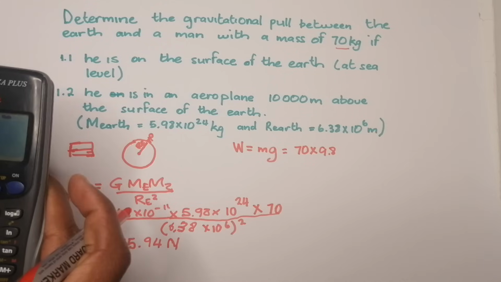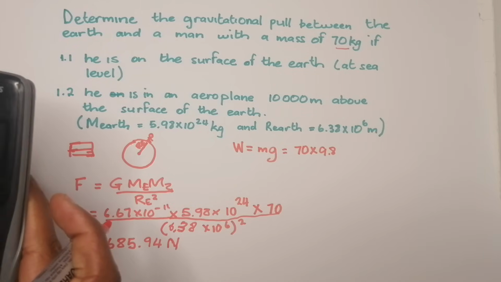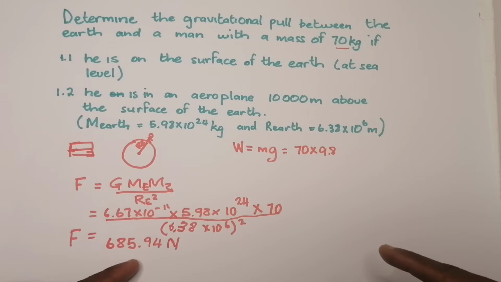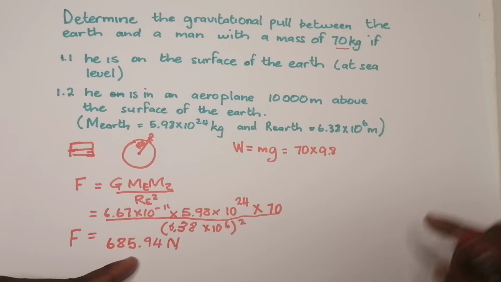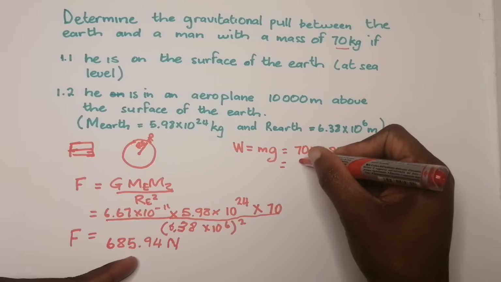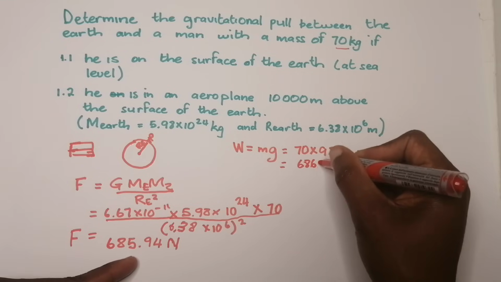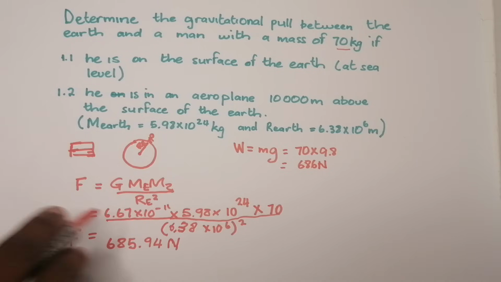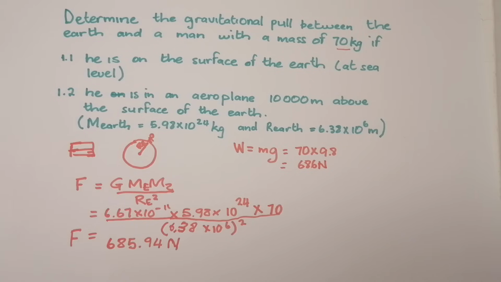So that's 70 multiplied by 9.8, which is 686, which is more or less the same answer that we got there. So in this case, of course, if the examiner was very specific for you to answer it using Newton's gravitational law, of course this would be the way to do it. Okay, right, now let's go to the second question.